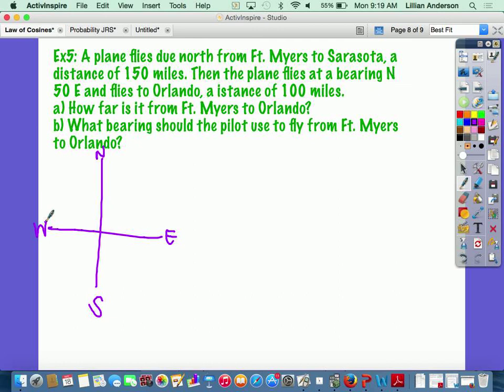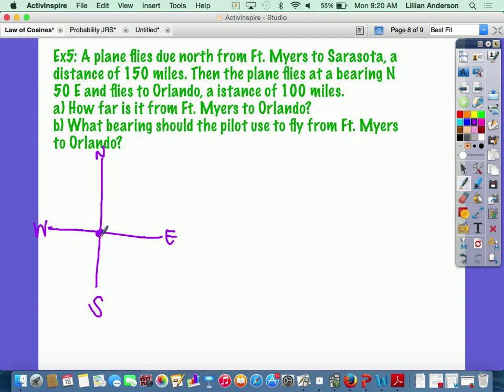So if a plane is flying north and then it flies on a bearing, then that means that you're basically coming from the north direction either to east or west. So this problem says the plane flies due north from Fort Myers to Sarasota.